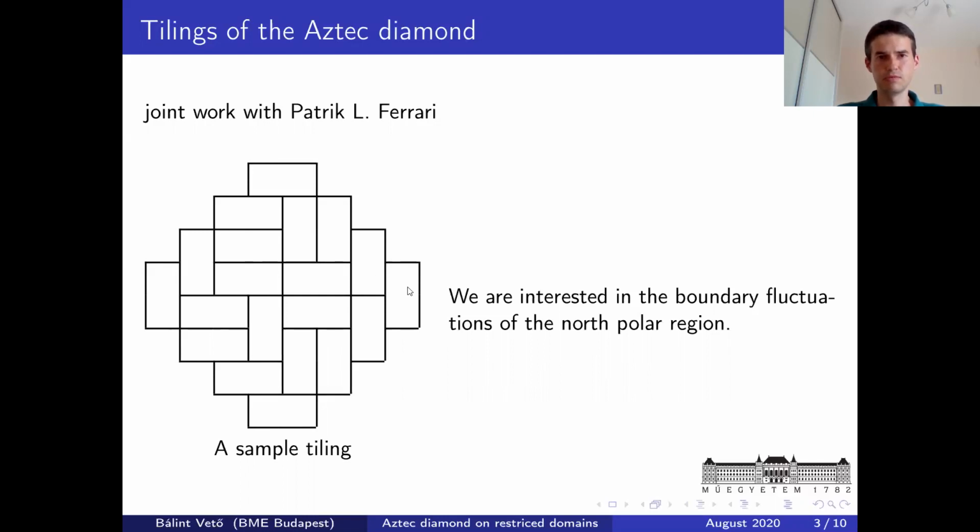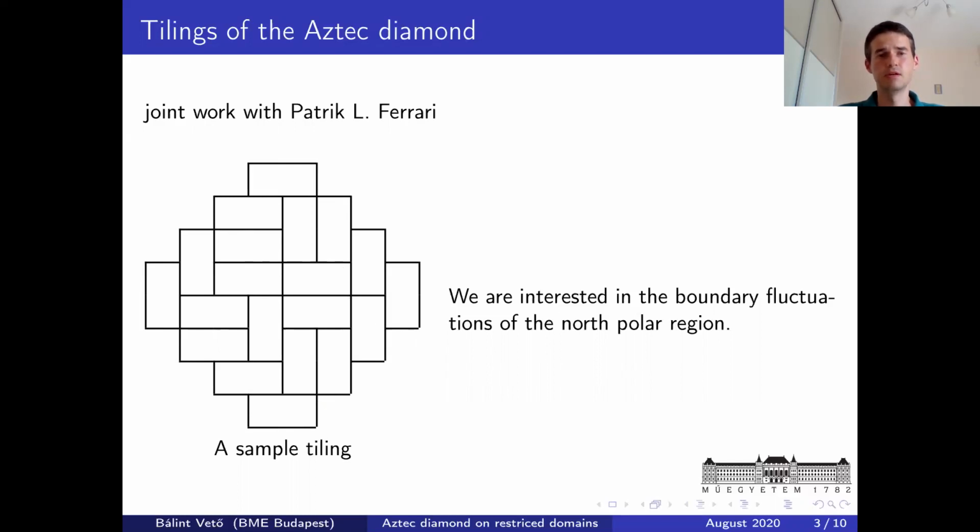And these 3 vertical dominoes can only be located in a very regular way, following this brick-like pattern. And actually, these 2 vertical ones, this and this, are also in a region that starts at this corner and follows this symmetric pattern.